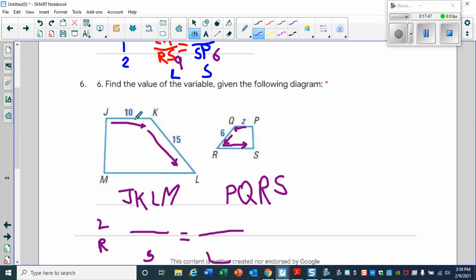So we start with the left. The smaller side was JK. And then the right, the corresponding side, actually PQ. And then we also have K to L, so that's the longer side.